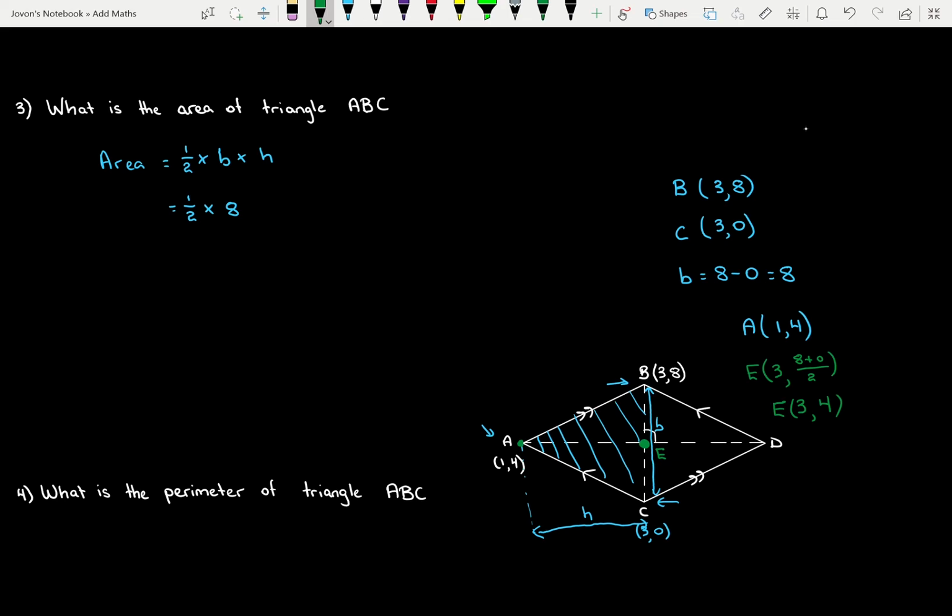So the height is the difference in their x values, which is 3 minus 1, equal to 2. So multiplied by 2, this gives you the area as 8 units squared.